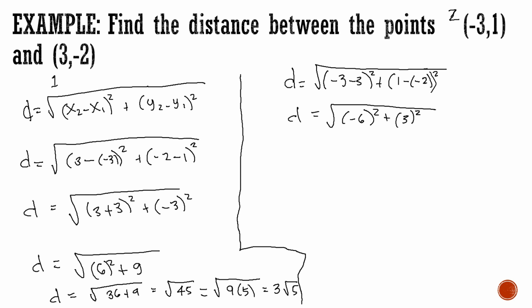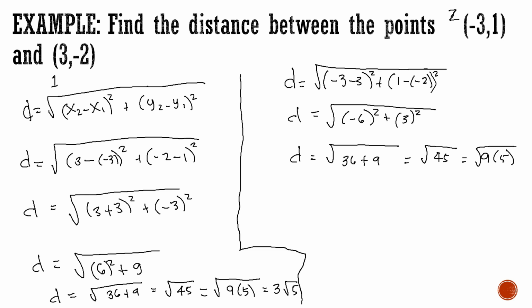Okay? Positive 3 squared. So, D will be equal to the square root of 36 plus 9. Okay, and this will be equal to the square root of 45. And 45 can be written as 9 times 5.